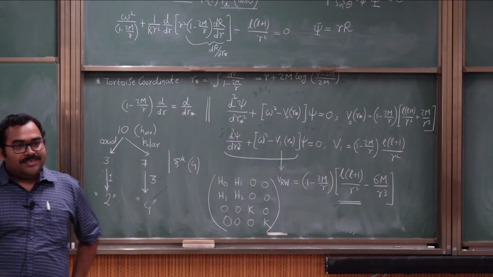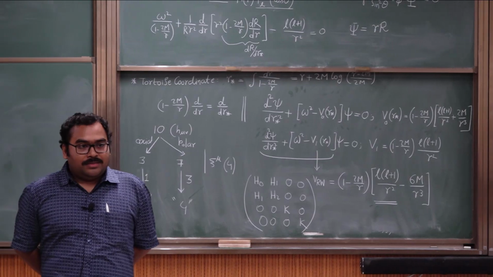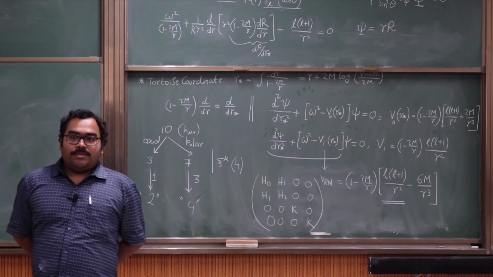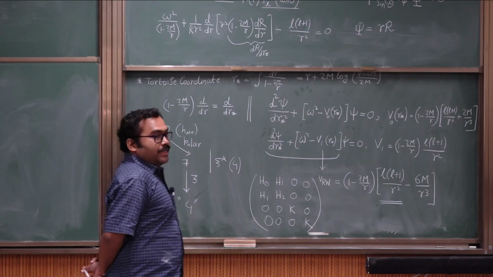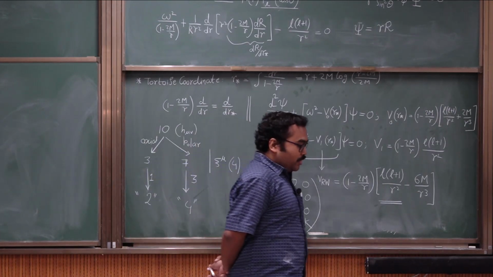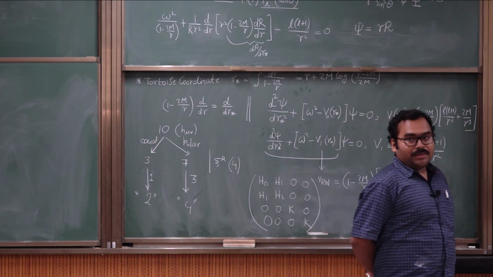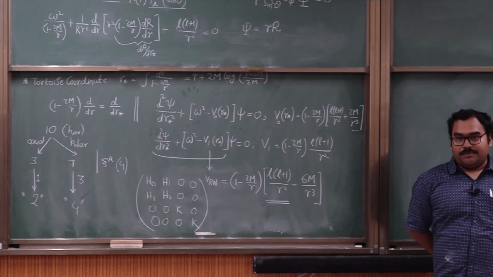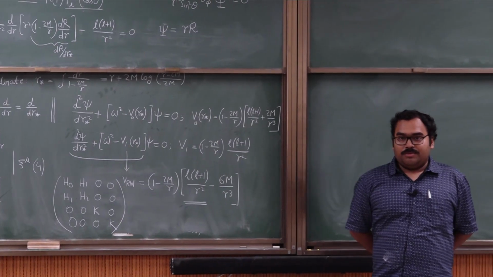So if we stick to current and all those things, then it will be a rotating black hole is what you mean. Okay. The problem with a rotating black hole is that you cannot get an equation of this form, because if you want to do metric perturbation like what we do here, then the equation becomes unmanageable because of the complicated nature of the background.